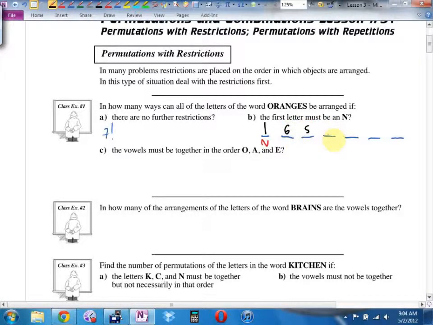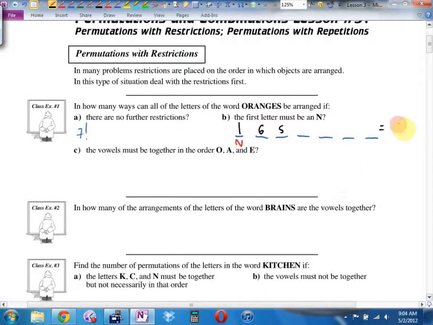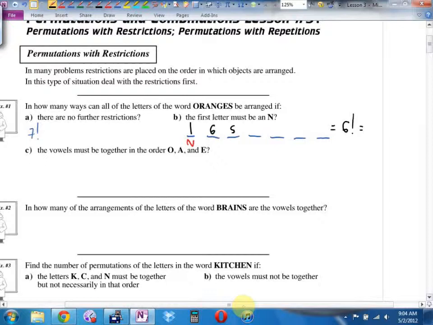Instead of writing 6, 5, 4, 3, 2, 1, I'm going to say, what can I do on my calculator? 6 factorial, which is what? I think it's 720? Yeah. You'll start to see some of these numbers popping up all the time. You may memorize a few because you're naturally lazy. 720.